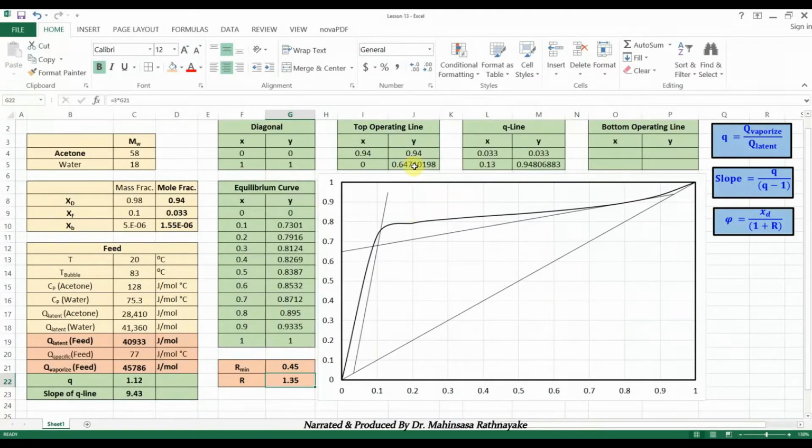Now the point at which the top operating line cuts the y-axis changes with the actual reflux ratio value. So here we obtained the actual top operating line. If we use the manual method, this step would be difficult and not so accurate like we did in Microsoft Excel.